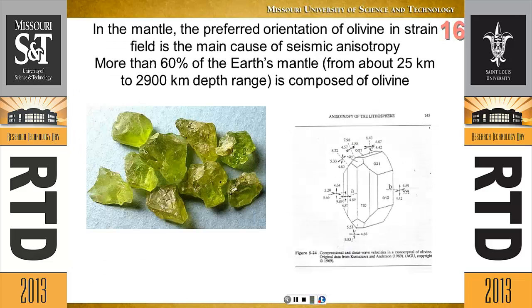the olivine. Olivine is a kind of mineral, right? More than 60% of the Earth's mantle is olivine. Remember, there is a movie called The Core, right? Some of you saw that. Something went wrong with the core rotation, so the magnetic field stopped, and some birds cannot fly anymore.